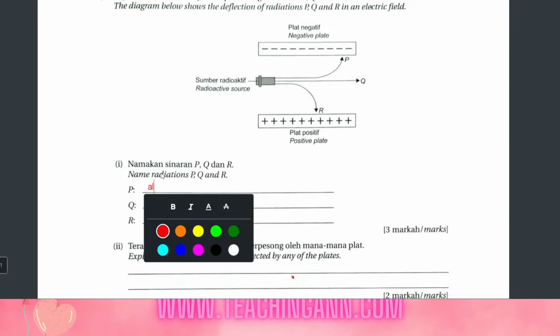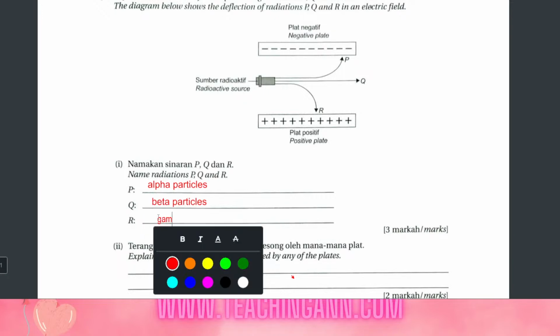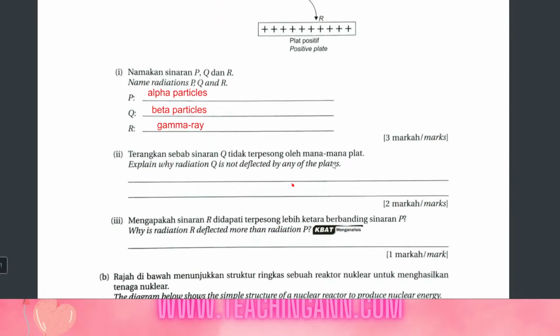Q is gamma particle. And then it's alpha, beta, gamma.